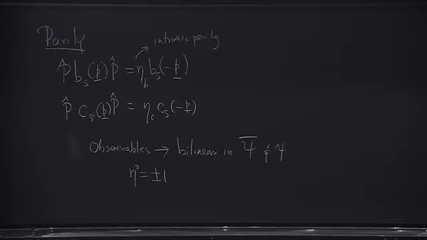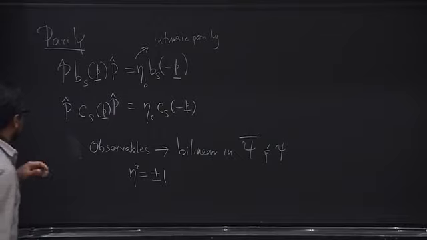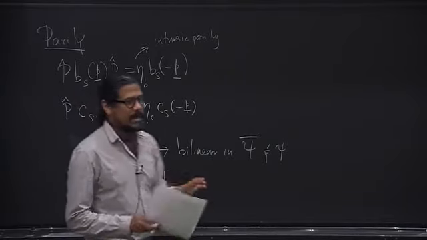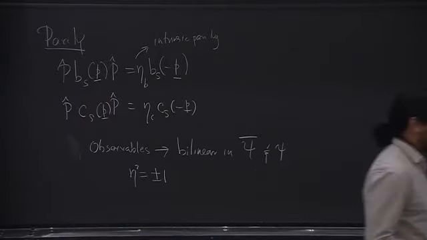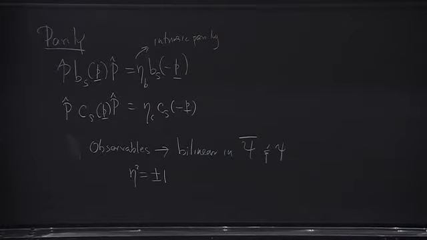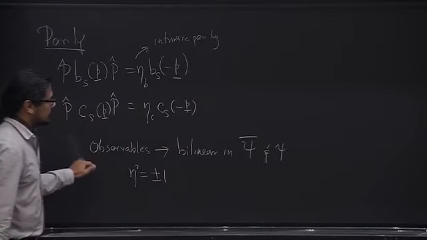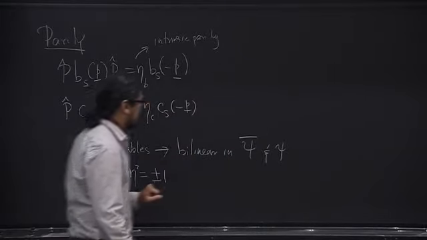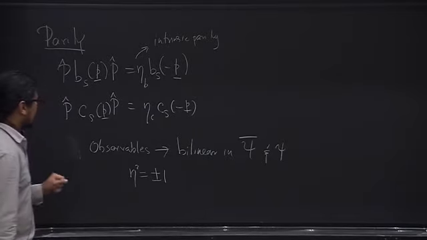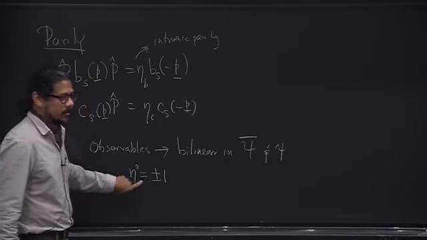The fact is, when you apply the parity operator twice, you should get the identity operator, but because our observables are bilinear in psi and psi bar, you don't have to have eta squared equal to 1.